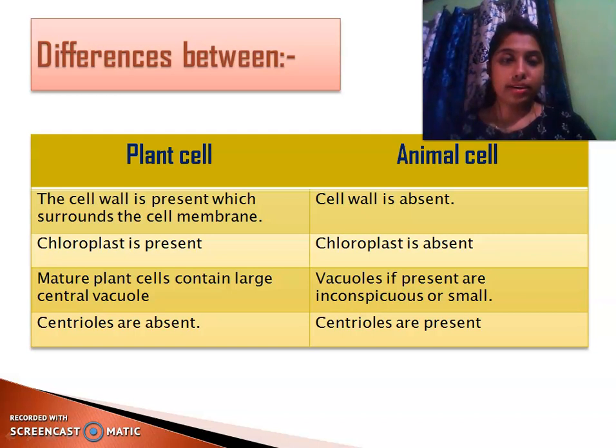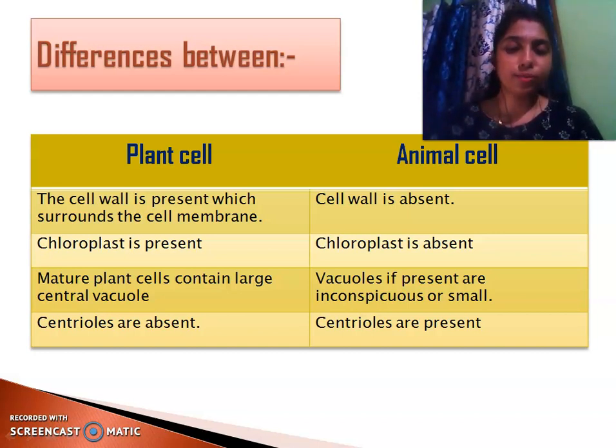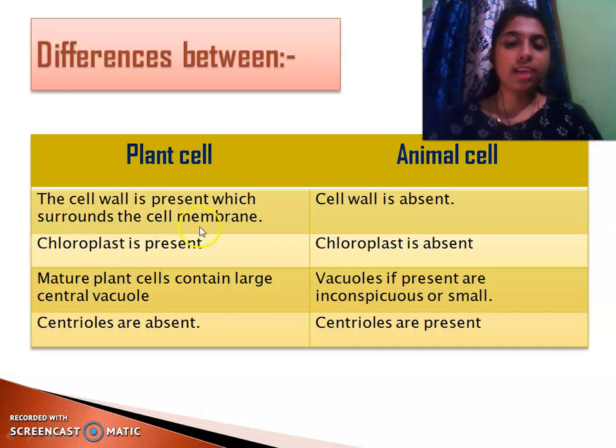Here we will discuss some of the very important differences between plant cell and animal cell, which are important from your exam point of view once again. We have already discussed them, just take a look. At the very first point, the cell wall is present in plant cell, which surrounds the cell membrane from outside, while in animal cells the cell wall is absent.